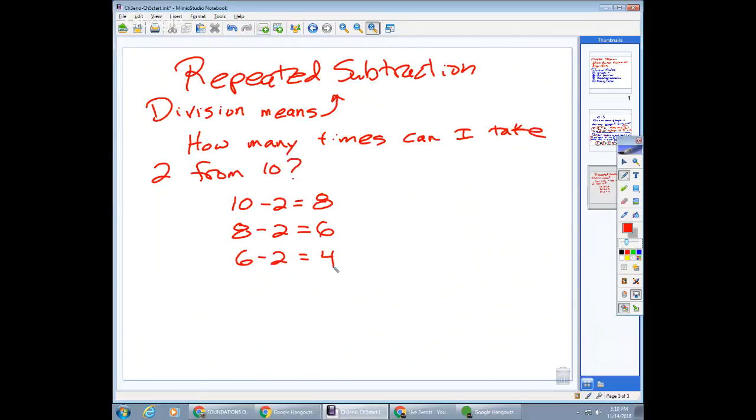There's 3 times. 4 minus 2 is 2. 4 times. And 2 minus 2 is 0. And I'm done with my takeaway. And so I get the answer is 5. And then the 4th model basically comes from the idea of fact families.